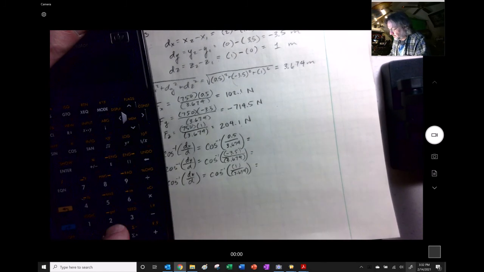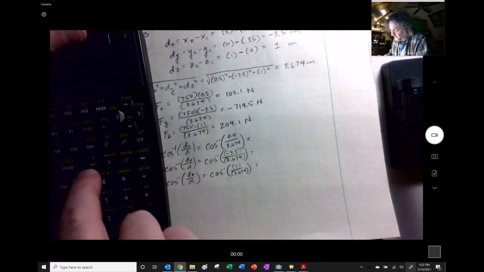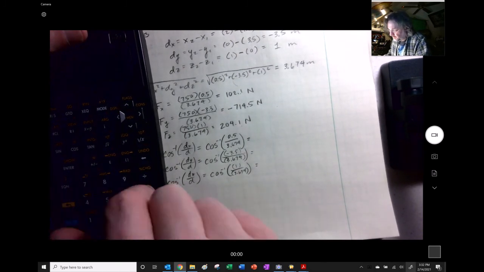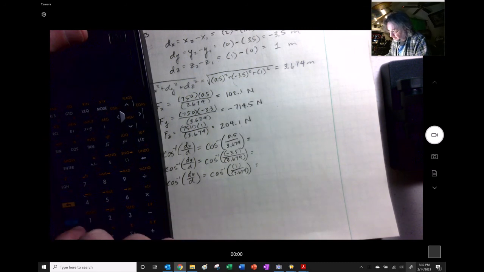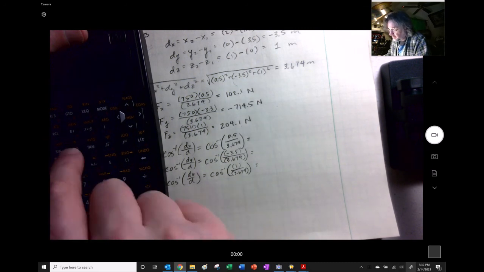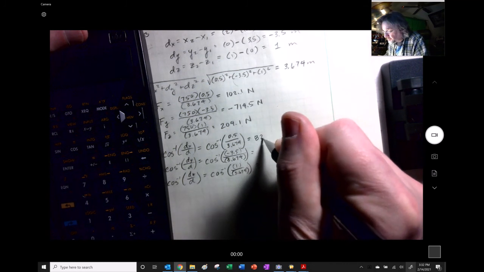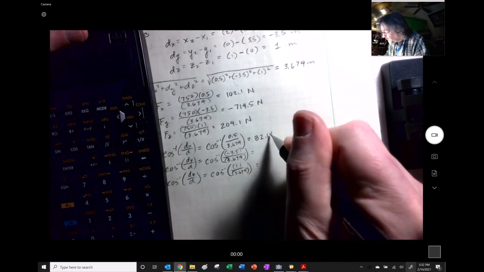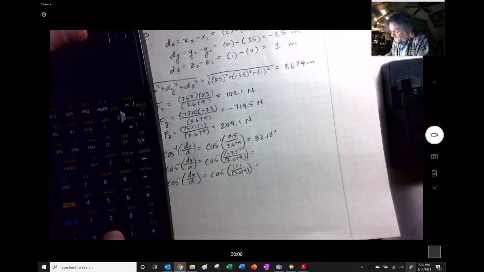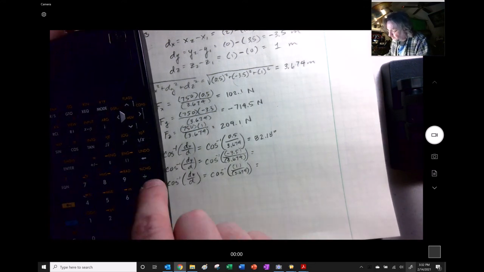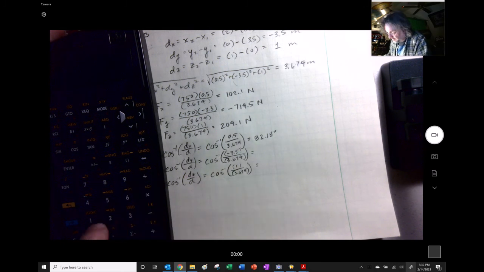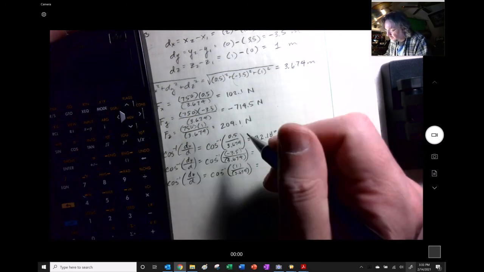So 0.5 divided by 3.674, take the inverse cosine, and I get 82.18 degrees. Then negative 3.5 divided by 3.674, and take the inverse cosine.